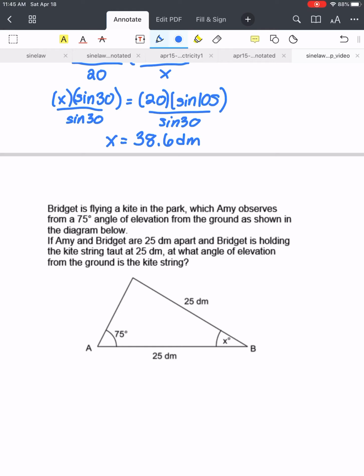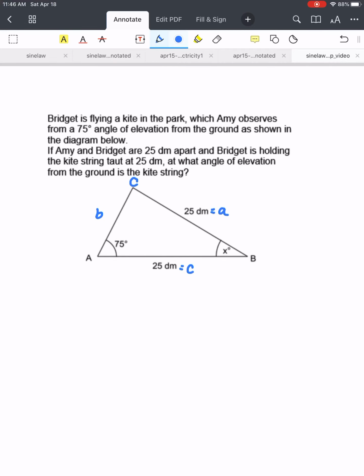Okay, so let's finish labeling this triangle. They've already kind of started. A and B, this is C, this is also going to be C, and B and A.